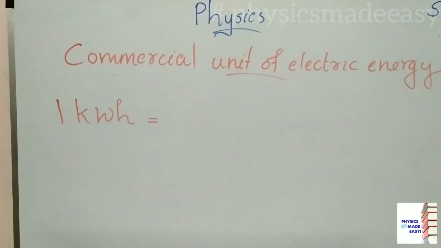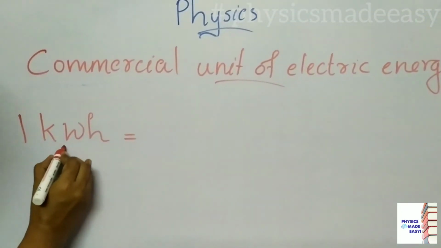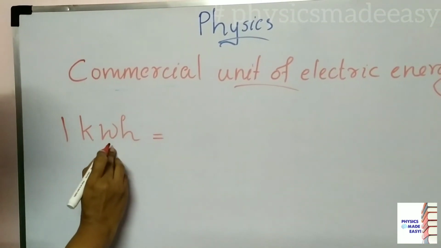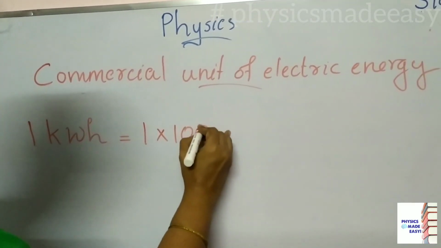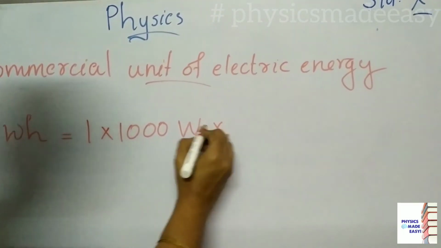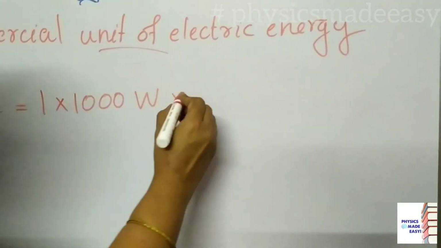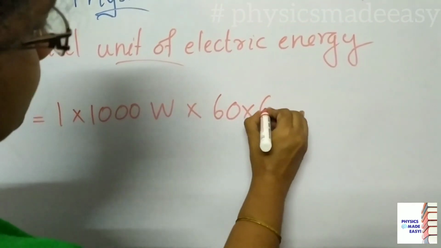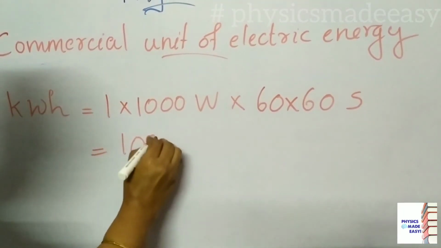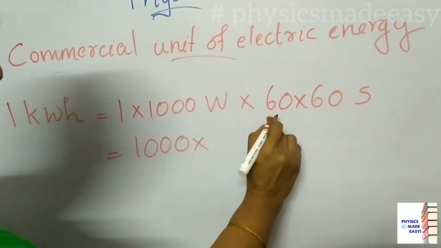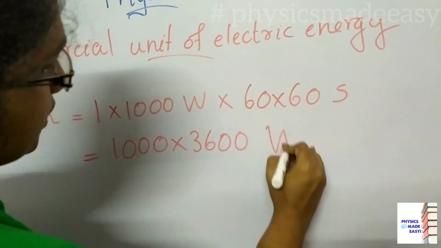Now, how to convert this kilowatt hour into joule? Here you can see 1 kilowatt, that you have to convert into watt. You know 1 kilowatt is 1 into 1000 watt, into, you have to convert this hour into second. So 1 hour, you know, is 60 into 60 seconds. So here you can write this as 1000 into 3600 watt into second.